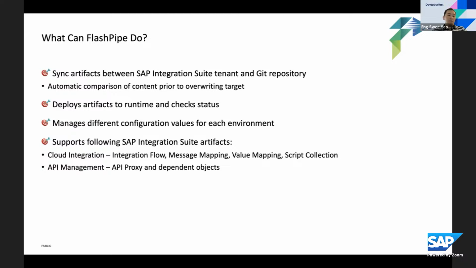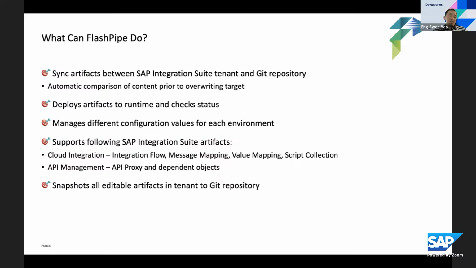The support for these is backed by SAP's public API for the integration suite. So as and when SAP extends this, it is possible to support further artifacts in FlashPipe. I know for cloud integration there are other artifacts available right now, but the current support is only for these because they're the ones available in SAP's public API.